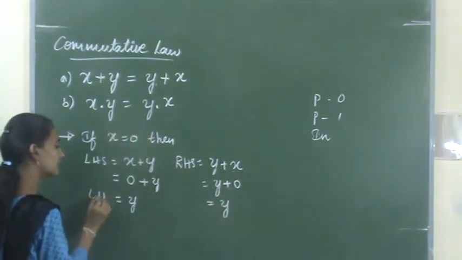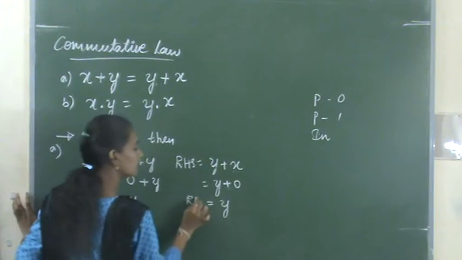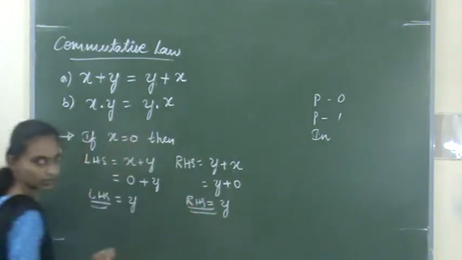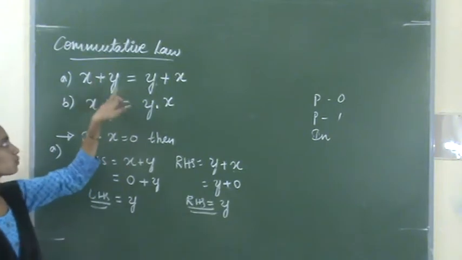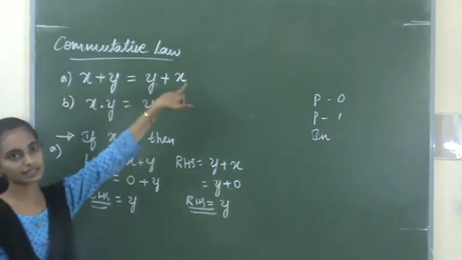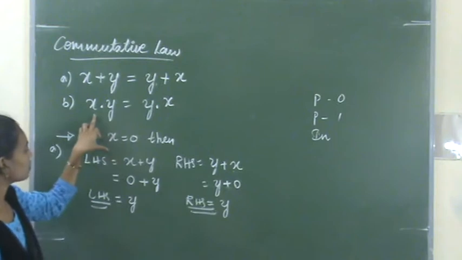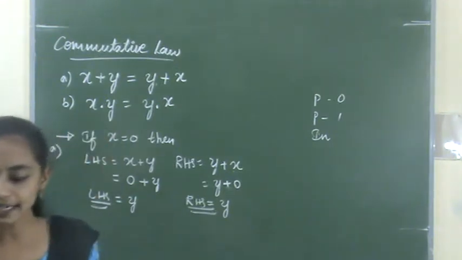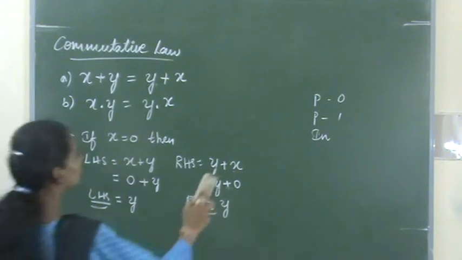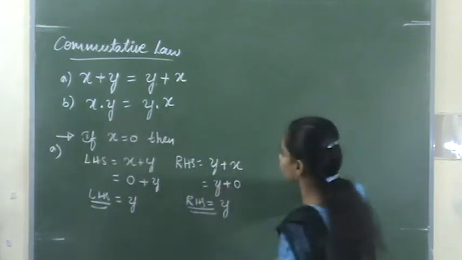So both LHS and RHS are equal, right? So we can prove that x plus y is equal to y plus x. Likewise, the same can be proved for x and y is equal to y and x.